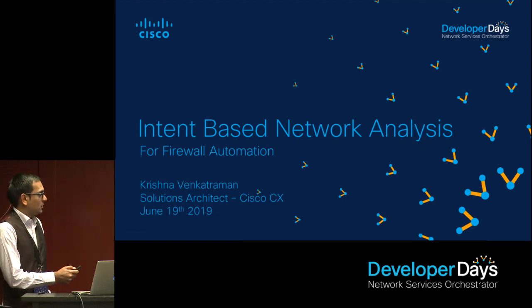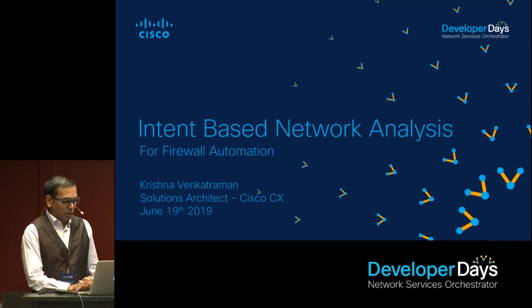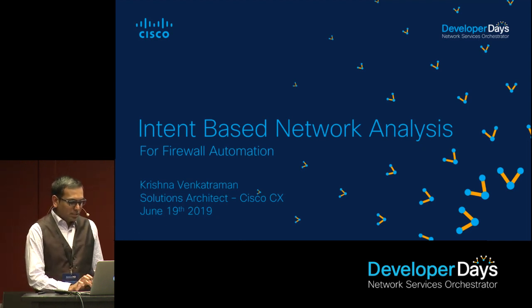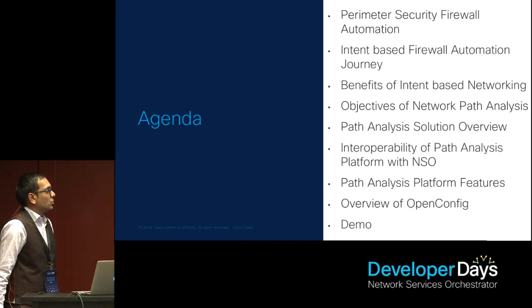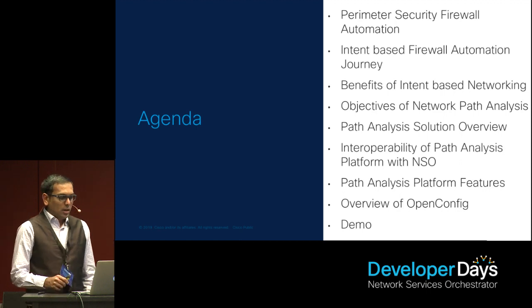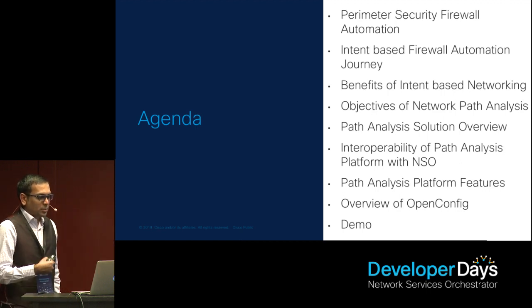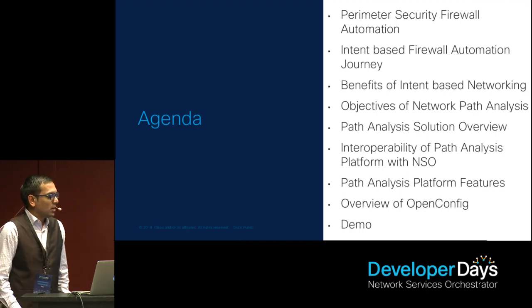Before we get started, let's quickly look at the agenda. We'll spell out the perimeter security firewall automation use case, and once we spell that out, we'll paint a picture of the intent-based firewall automation journey.